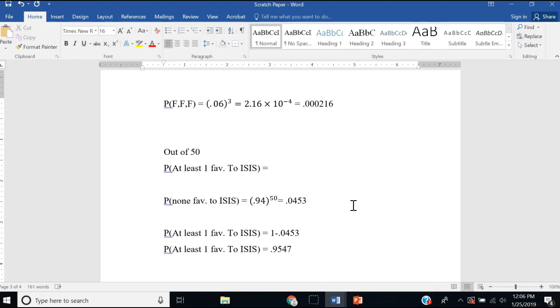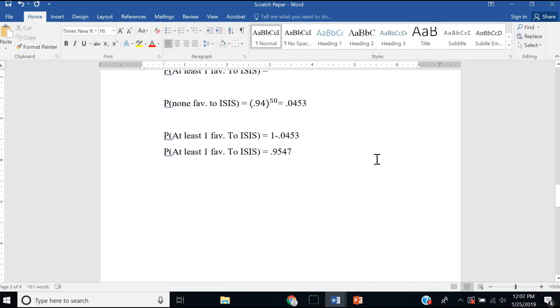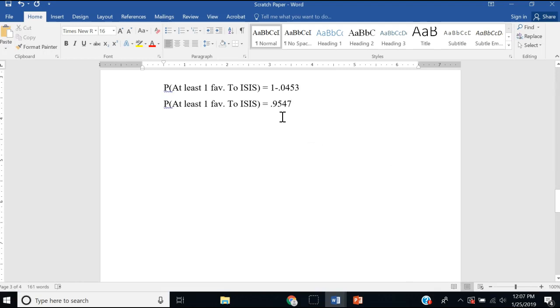But when you take a group of 50 Palestinians, it's actually fairly likely that you're going to find one person in that group, again randomly picked, who likes ISIS. You have slightly over a 95% chance that at least one likes ISIS. And this should make sense to you.